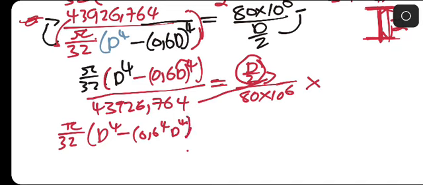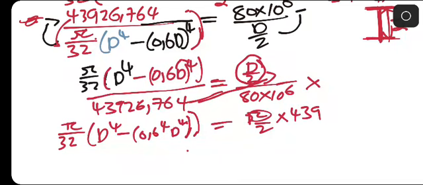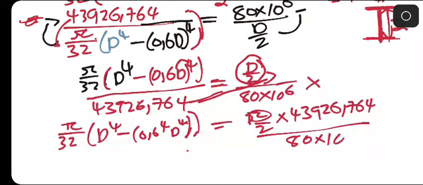All right, then multiply that. I just said I take this to the other side, will be d over 2 multiplied by 43926,764, all over 80 times 10 to the power of 6.